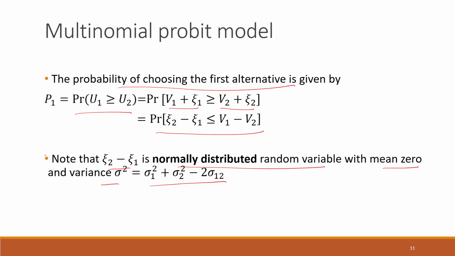So, this is the property of normal variables, that if you have these two error terms E1 and E2 which are given by a bivariate normal distribution, E2 minus E1 will be again another normal distribution function that has 0 mean and variance given by this here, where sigma 1 square, sigma 2 square, sigma 1 2 and so on were the components of the covariance matrix of the error term, okay.